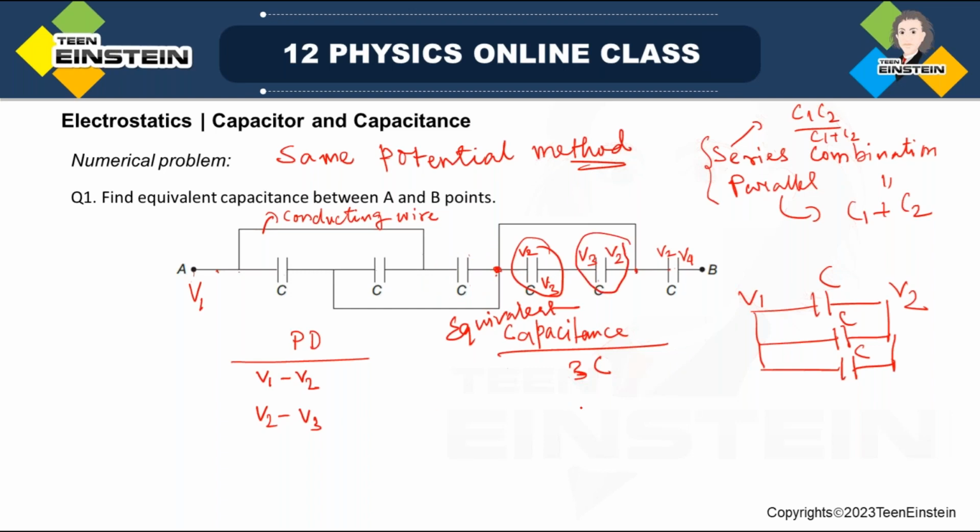So I have two, so I'll be having 2C equivalent capacitance. Then I have V2, V4. This is another C. V2, V4, another C.